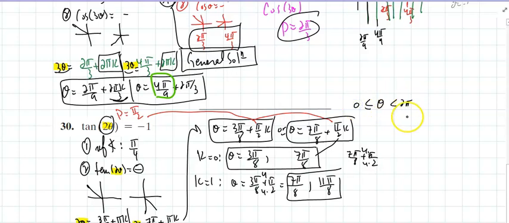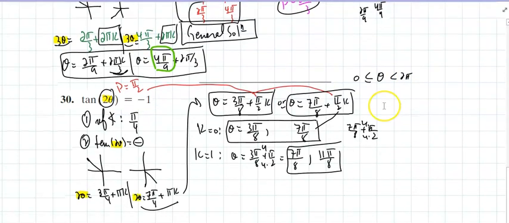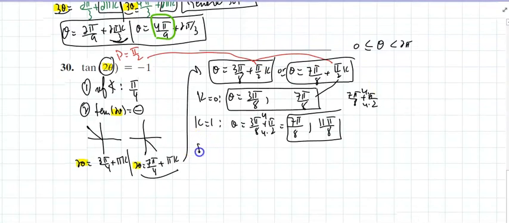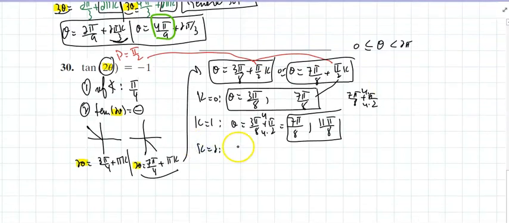So 2 pi, if I want to make that over 8, that's 16 pi over 8. That's allowed. So if I let k equal 2, look how this is playing out. I went from 3 pi over 8 to 7 pi over 8, I added 4 to the top. If I add another 4, isn't that 11 pi over 8?